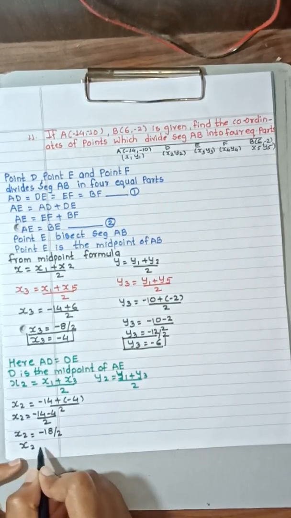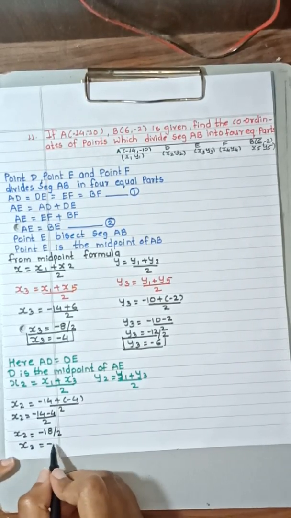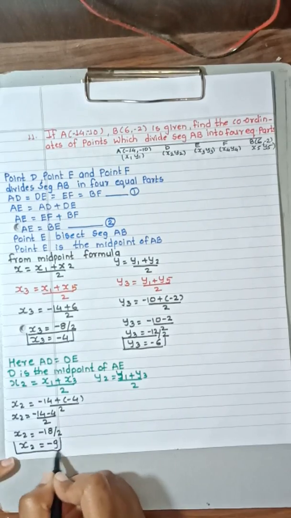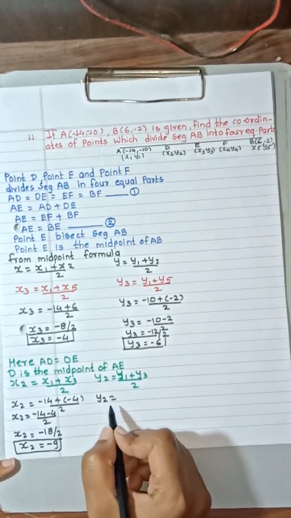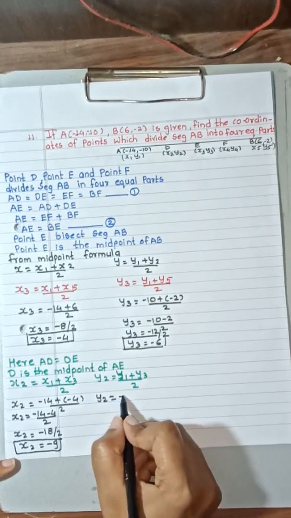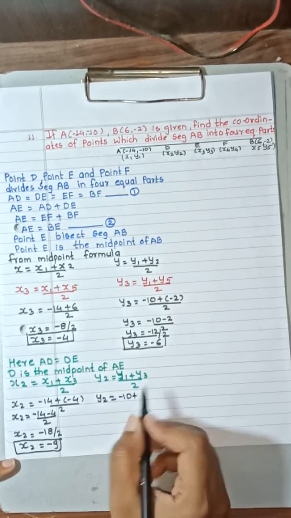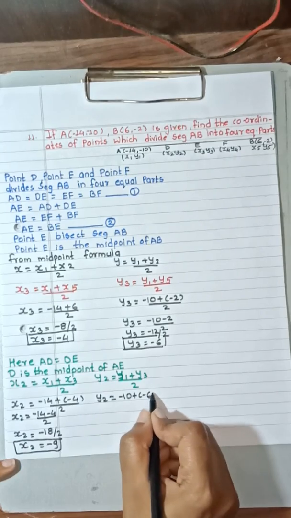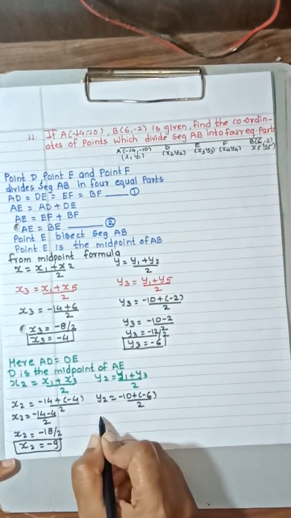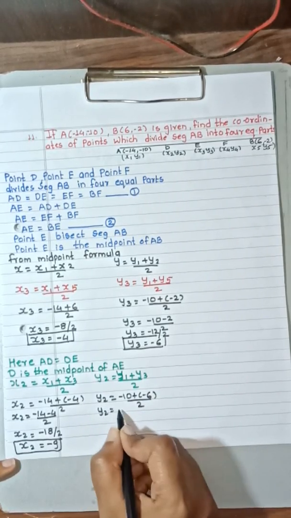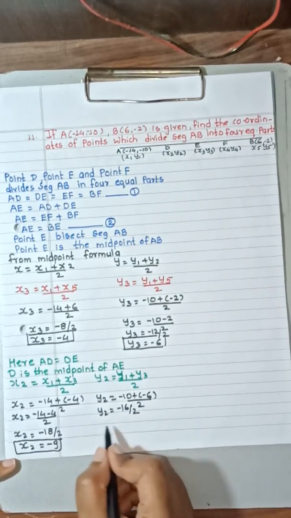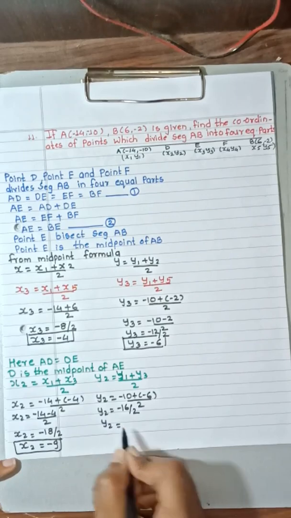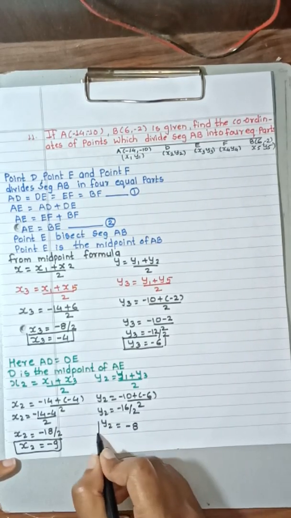Therefore x2 is equal to minus 9. So you got the value of x2. Now y2. y2 is equal to, what is y1? y1 is minus 10 plus y3. y3 is minus 6, upon 2. Therefore y2 will be minus 16 upon 2. Directly I have written here, children. Therefore y2 is equal to minus 8.